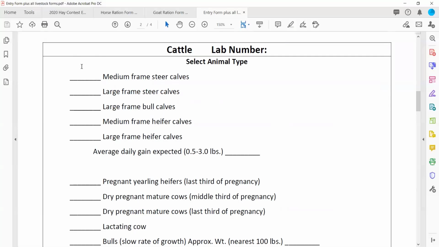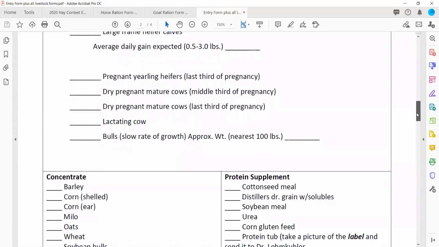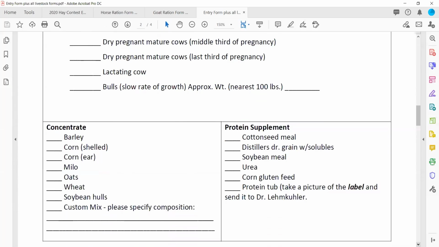The first set of animals are going to be growing animals, and you can mark whichever one applies, and then please indicate how much gain you expect them to make, or the farmer expects the animals to gain. The next group is going to be the older animals, pregnant yearling heifers and so on, and mark whatever is appropriate that this hay is going to be fed to.